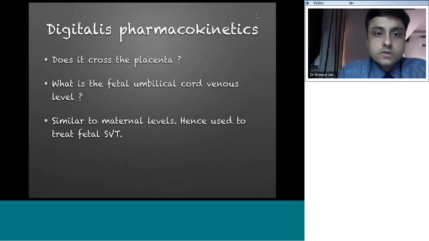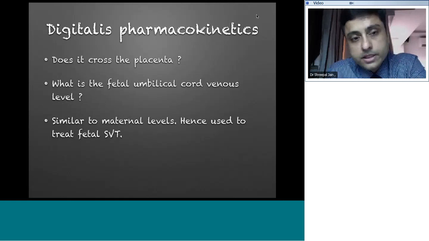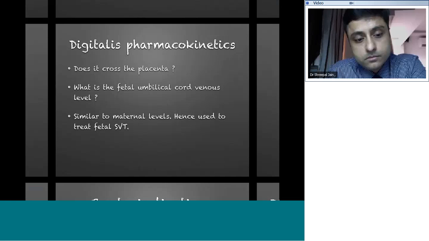Coming to contraindications, what are the absolute contraindications for giving digitalis or digoxin? Does anyone want to name a few of the absolute contraindications?